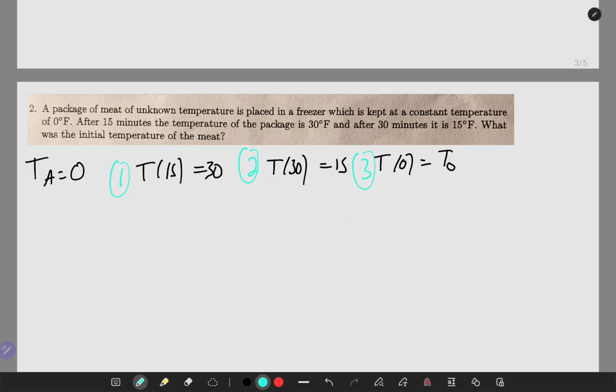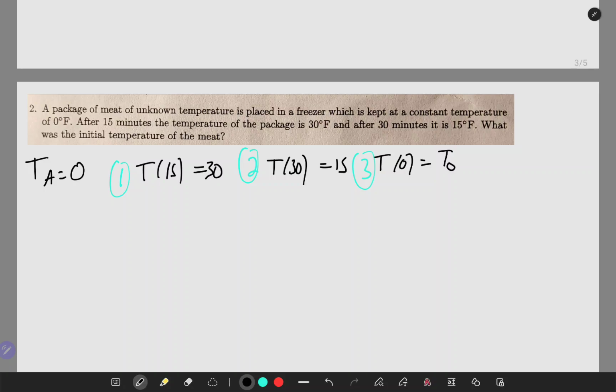It tells you what happens first. It tells you what happens second. But then it wants to know what the initial temperature is. And you'll see how it works out. But for me, it's really hard to understand why you have to go in this order until you fully solve out the problem, and then you'll see why we had to do it. So I'm just going to go ahead and go through it, and I'll explain as I go.